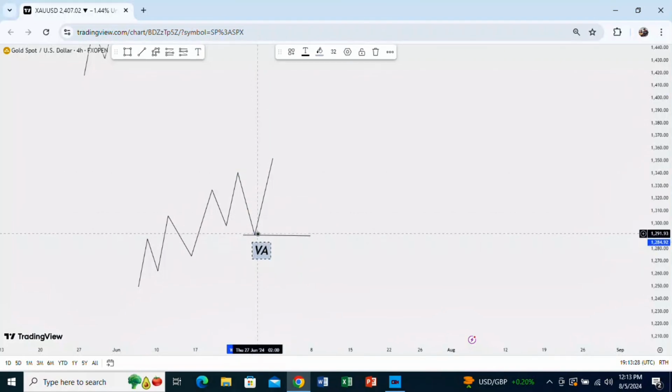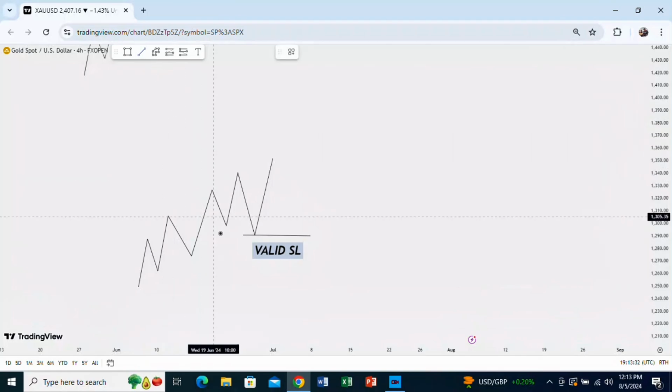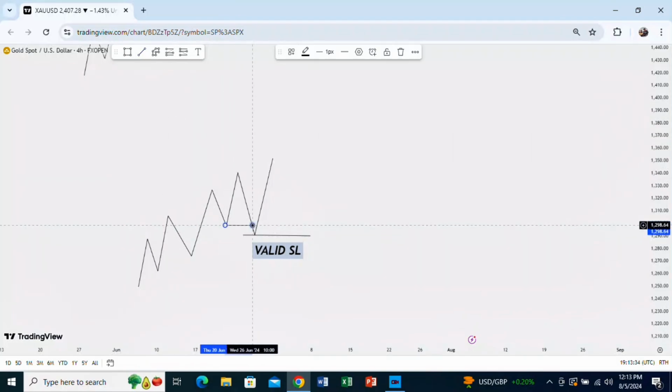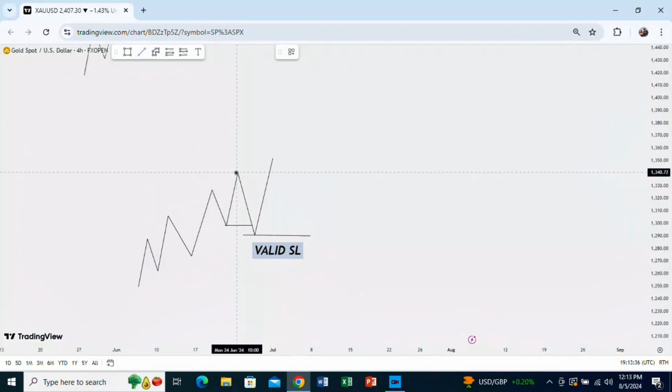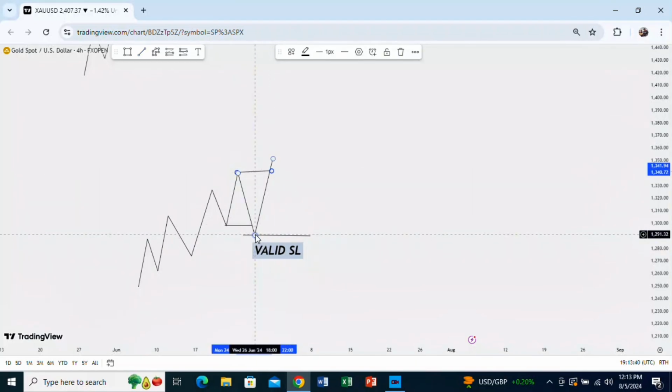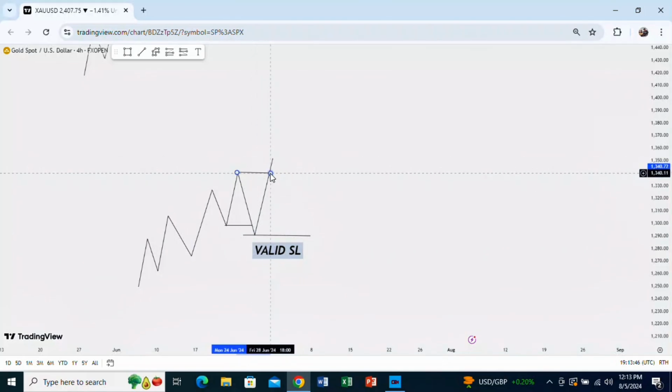I will write it here. This is now a valid swing low. Why? Because there was first an IDM, okay, and then there was a breakout structure. So now this is a valid swing low and you can place your stop losses below here. I will teach you later how you can get an entry, but this is now a valid swing low.